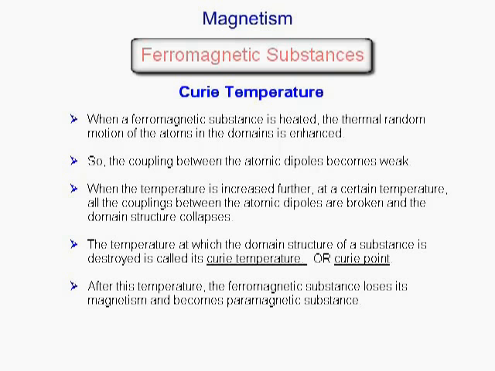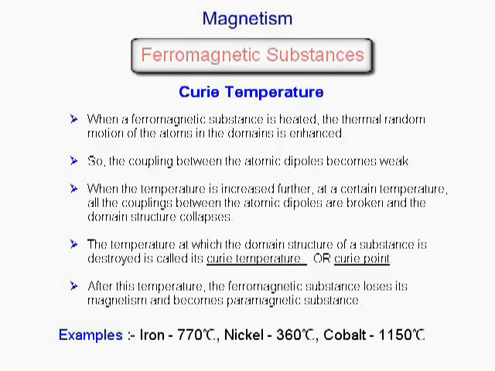The temperature at which the domain structure of a ferromagnetic substance is destroyed is called Curie temperature of that substance or Curie point. After this temperature, the ferromagnetic substance loses its magnetism and becomes a paramagnetic substance.